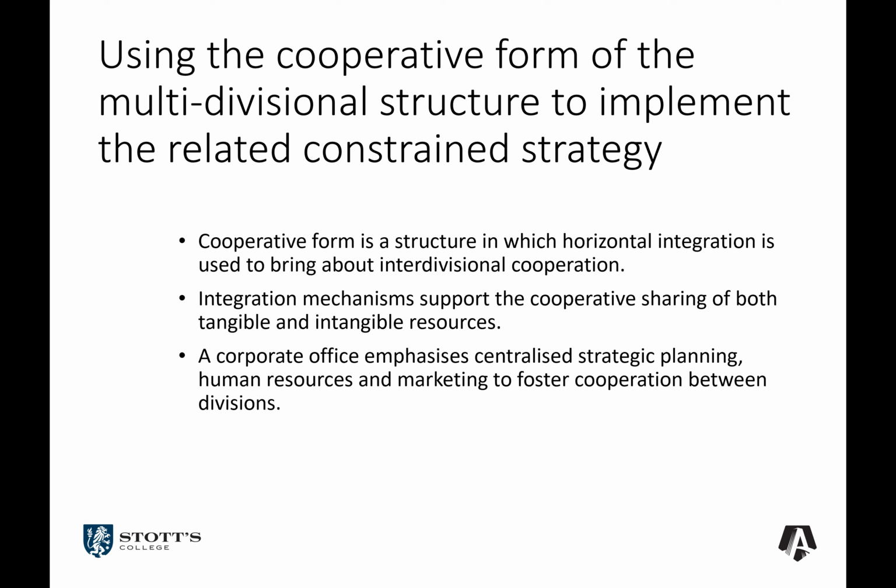And the corporate head office emphasises strategic planning and human resources and aims to foster cooperation between the various divisions. Let me emphasise as well that one of the mechanisms that you can use to foster cooperation is a corporate level matrix structure, which is an extension of the business level matrix structures we've discussed and gave you an example of earlier.